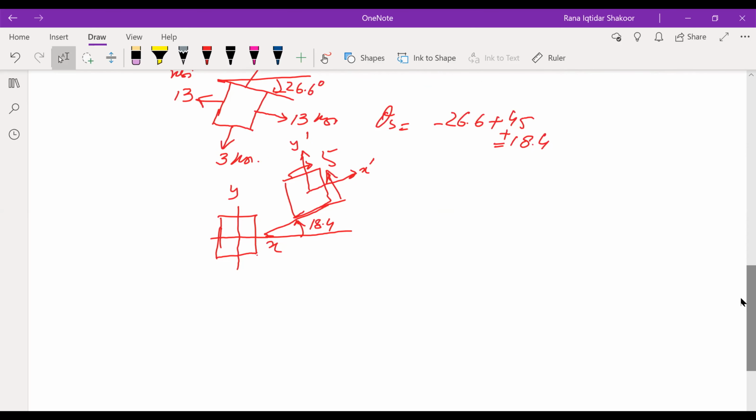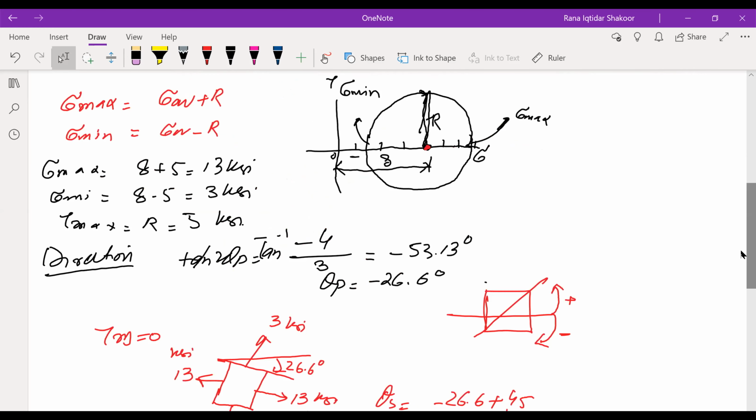And what about the sigma? You can measure it over here, though not accurately. The sigma average value in this case, from 0 to 8, will obviously be 8.